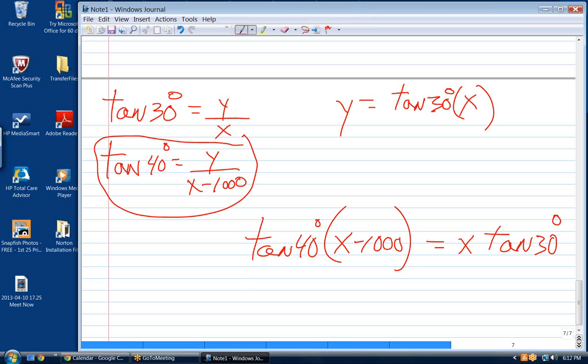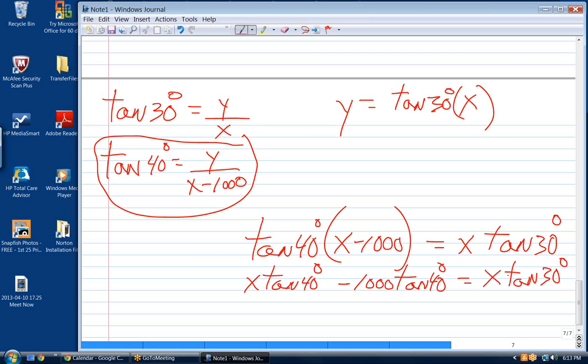So to distribute this, I multiply tan of 40 times x, so that's x tan of 40, minus 1,000 times tan of 40 equals x tan of 30.